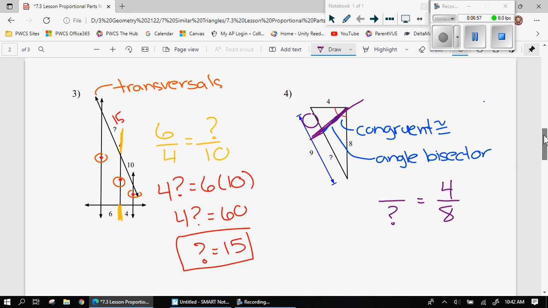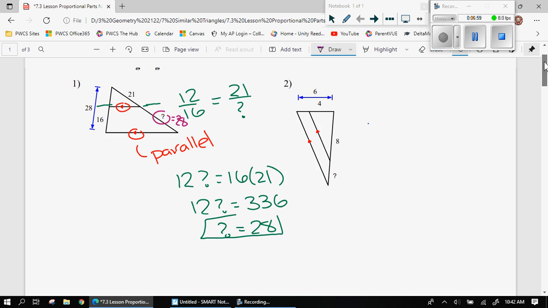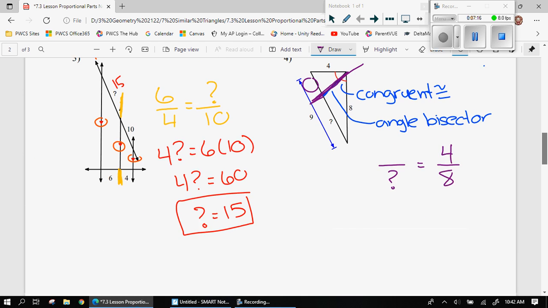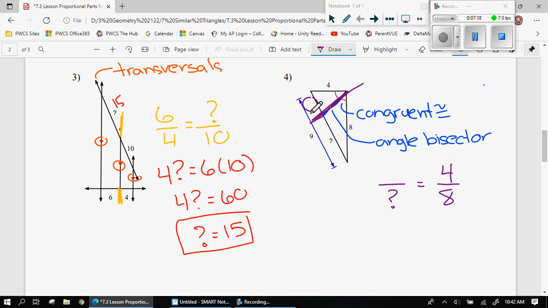So if I go back to one that we did, in order to find this piece, I subtracted this whole segment minus the part of the segment that I knew. So it was 28 minus 16. If I compare that to what I have down here, I know this whole thing. It's going to be 9 minus, and then I need to subtract away this piece.